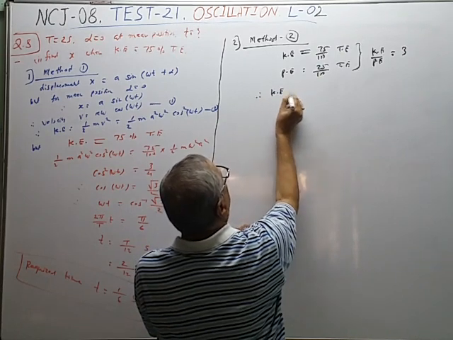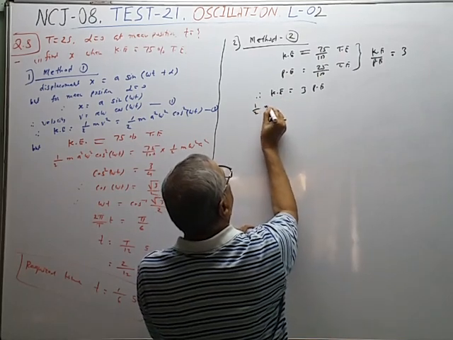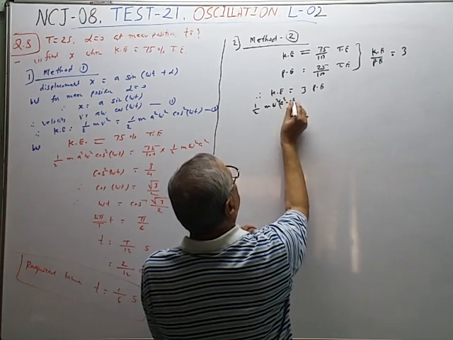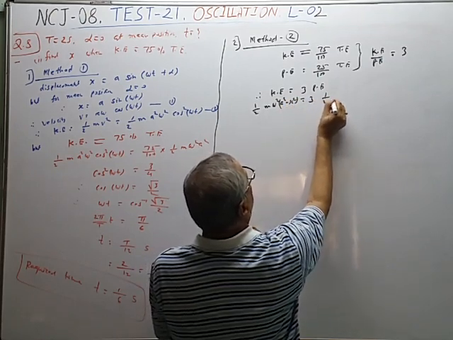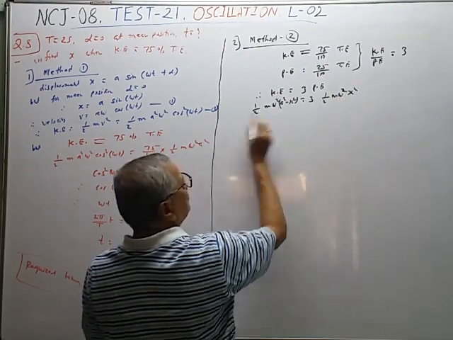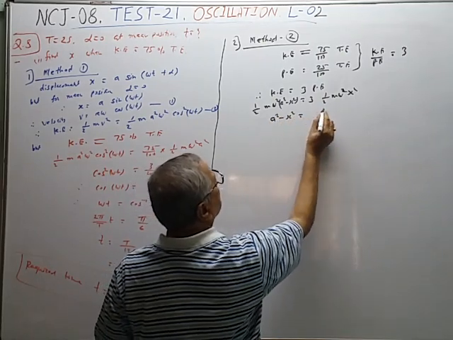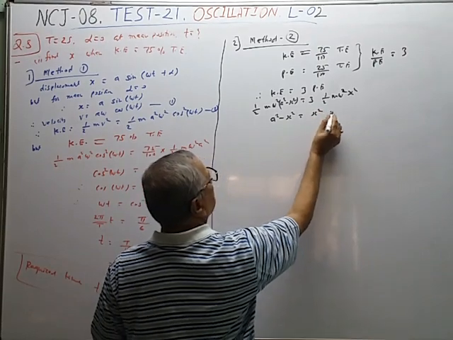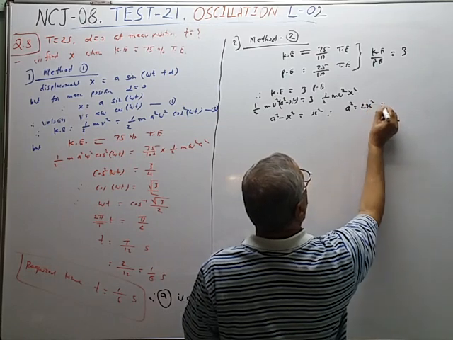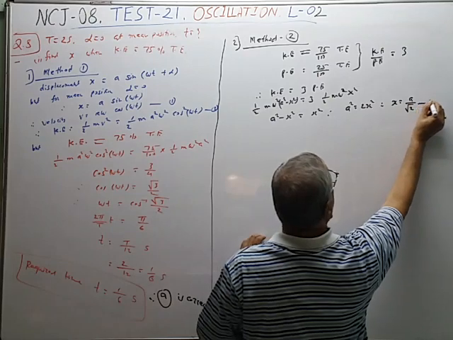Therefore K is equal to 3 times P. So 1 half m omega square into bracket a square minus x square is equal to 3 times 1 half m omega square x square. Potential energy is the formula. So 1 half m omega square will get cancelled. So a square minus x square is equal to 3 x square. Sorry, this is 3x square.